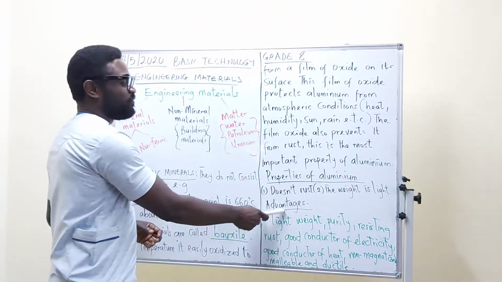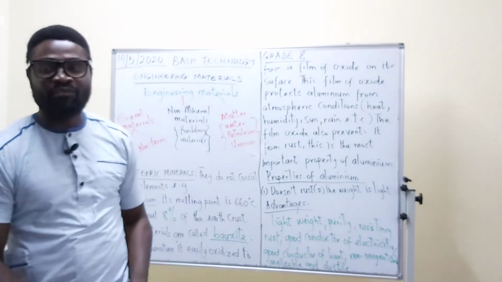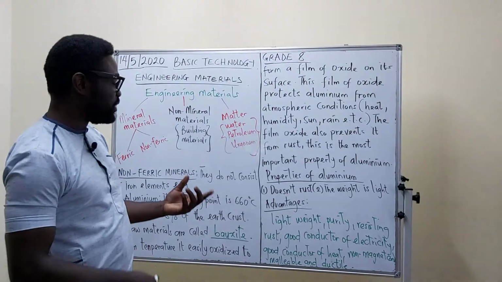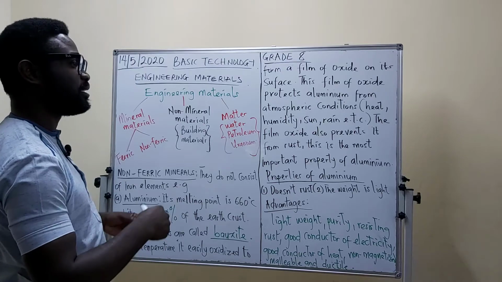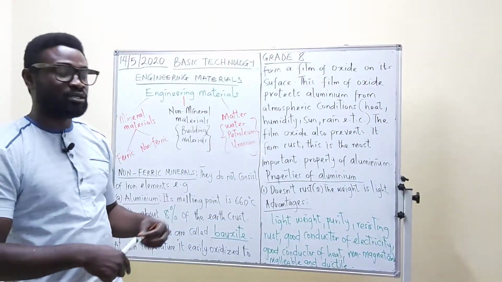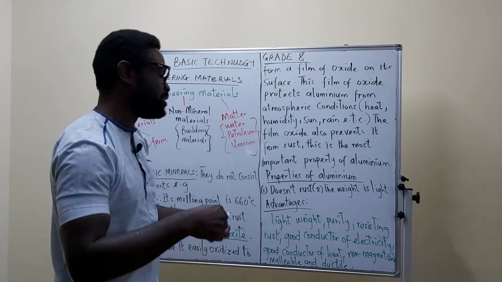Now, speaking of advantages, before we go down to the advantages, the technical department will help me with the projector to show us what aluminium that we've been talking about looks like, the kind of shape it possesses and so on.